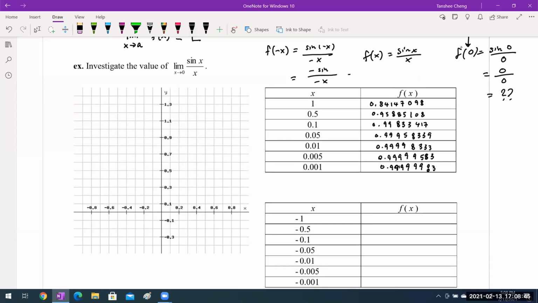So from here, what we can see is, when x is approaching 0 from the right-hand side, the output value is getting closer and closer to 1, right?